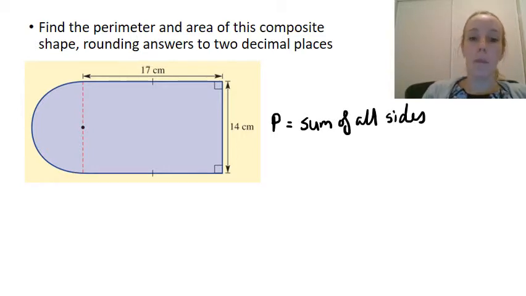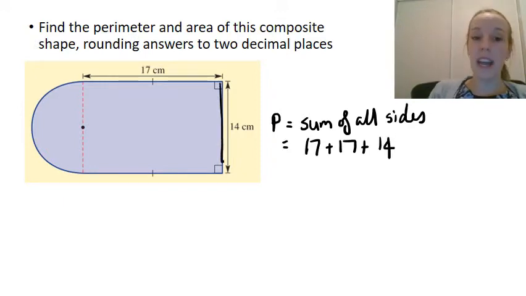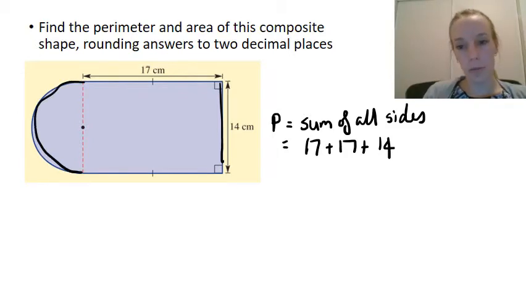So we just have to add all the sides together. Up the top there we've got 17 centimeters, and it's got the same markings as the bottom line there, so that one must also be 17. On the side here we've got 14 centimeters. Now we're not going to add 14 again because we're trying to find the perimeter, and on this side we actually have half of a circle.